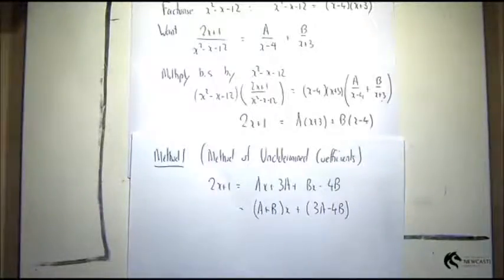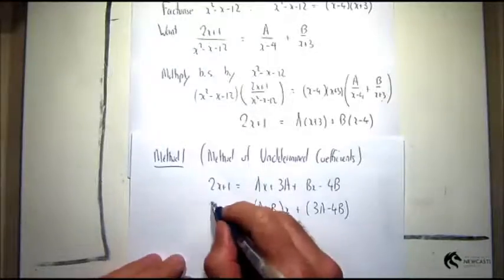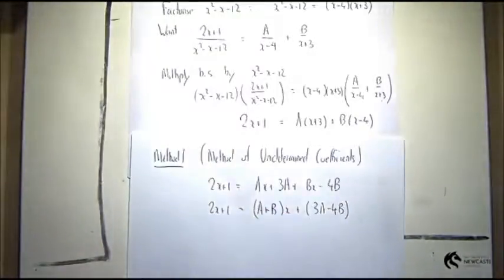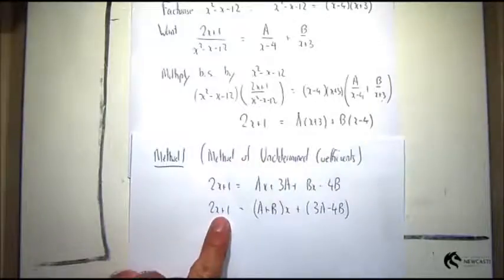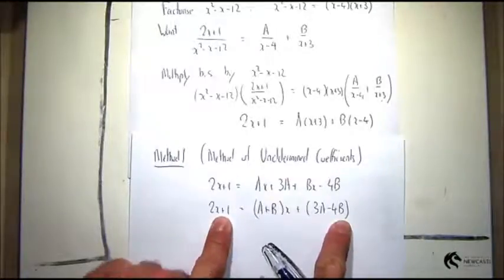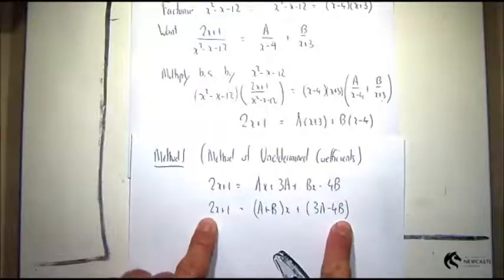I then say to myself, I might even write this as 2x plus 1 there. On the left-hand side here I have an expression 2x plus 1. On the right-hand side I have the expression a plus bx plus 3a minus 4b. If these expressions are going to be the same for all values of x, then the coefficients have to be the same.